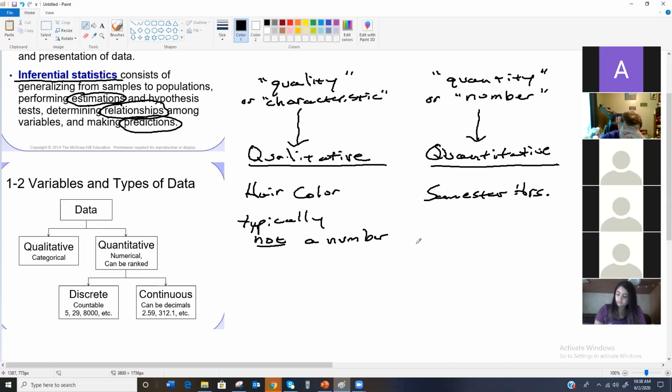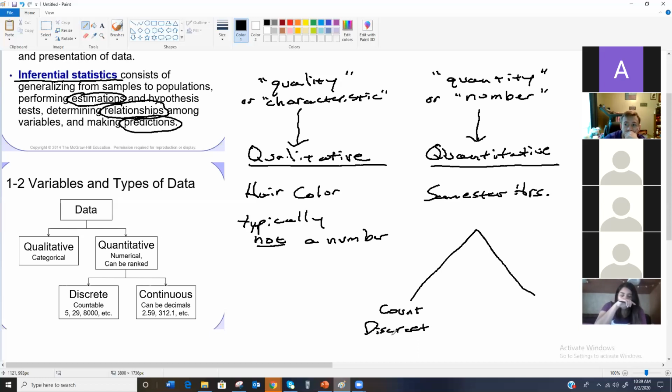Now within quantitative, you can have two types of quantitative data. You can have things that are countable. Well, I just said they're all countable. You can't always necessarily count them, but you can describe with a number. So if it can be counted, like how many items I bought at the store or how many semester hours I've taken, we call that discrete.